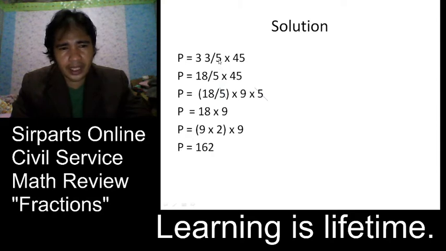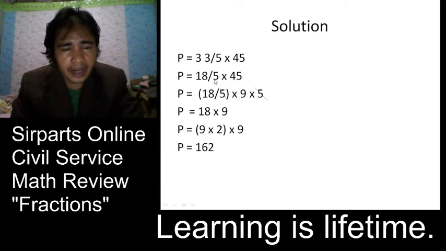You multiply the denominator, 5, by the whole number 3. So 5 times 3 is 15, then we add the numerator, 3. That's not the quotient, that's the dividend. So we have 18 over 5 times 45.